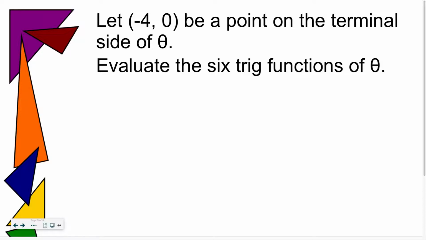So if you can't draw a triangle, you're going to need to know y over r, x over r, y over x. And you and your group members find x, y, and r. Okay? Do that for me.